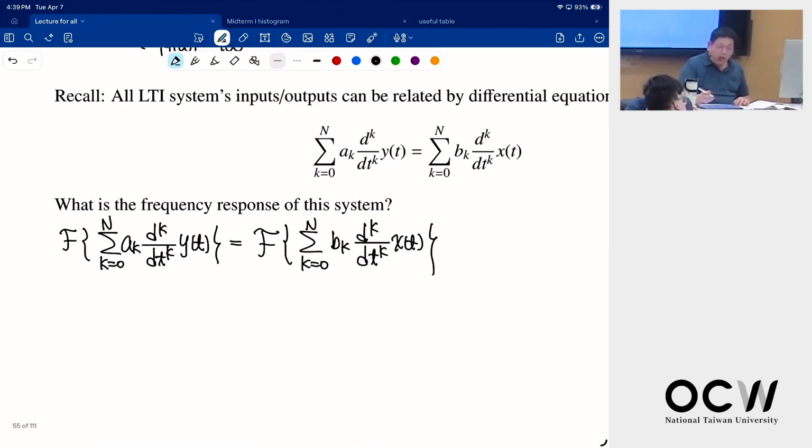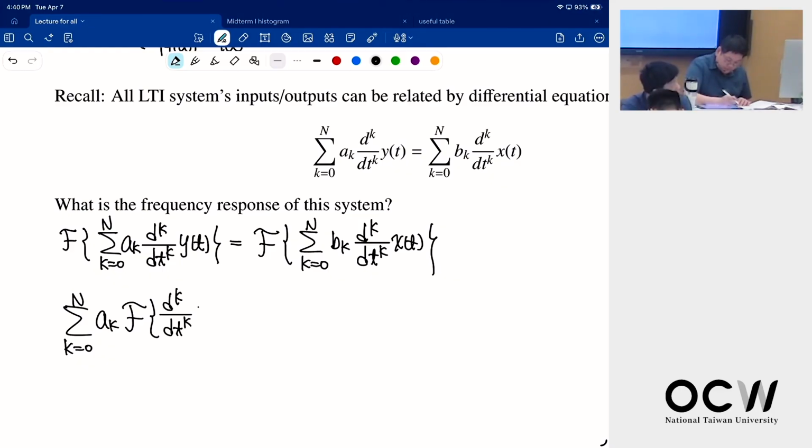By the property of linearity, we can take the Fourier transform inside. So when I take the kth derivative of the signal and then take the Fourier transform, each time I will generate j omega. So k times I will generate j omega to the power k.